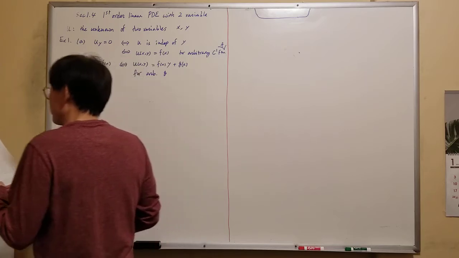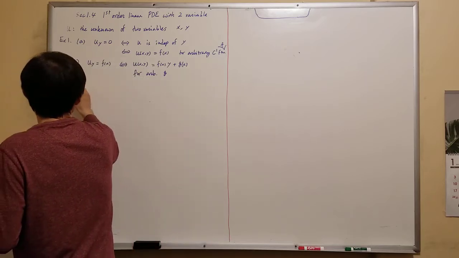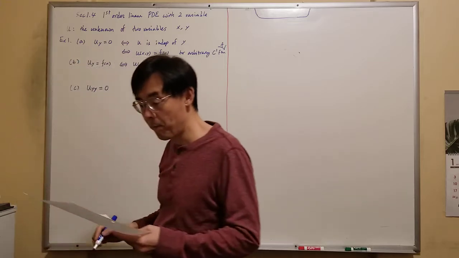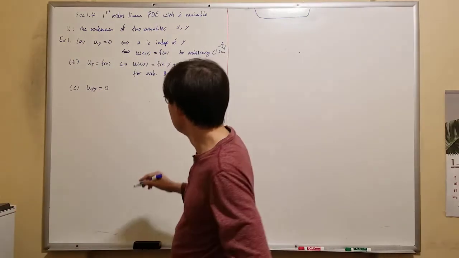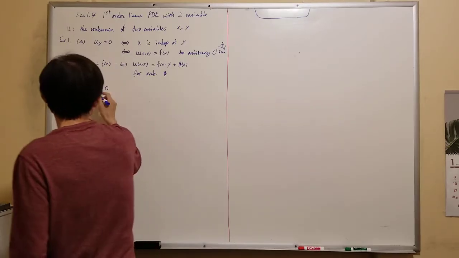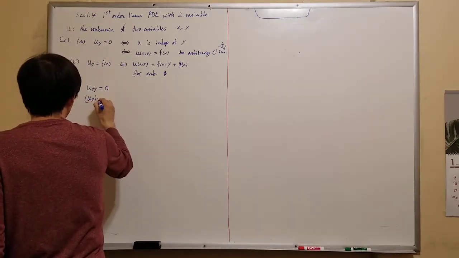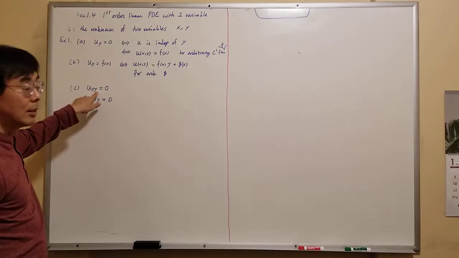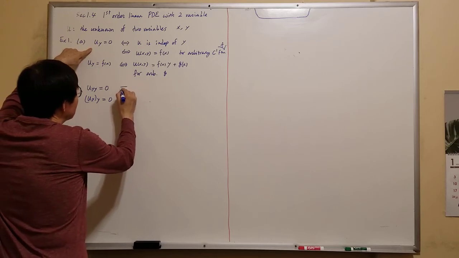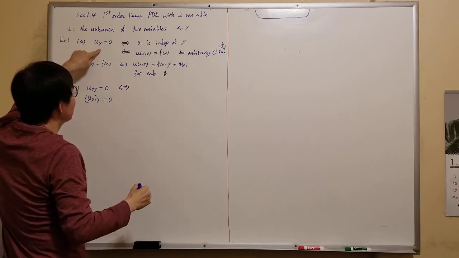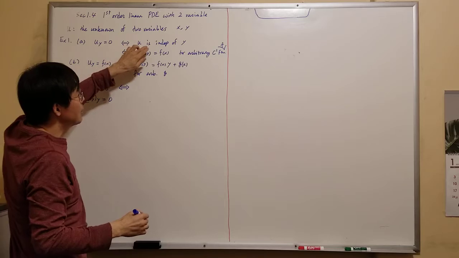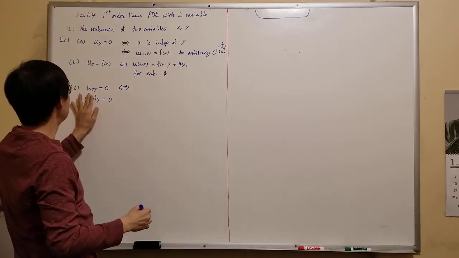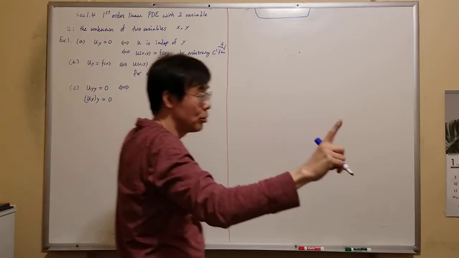Now, C. What if u sub y y equals 0? Now you have to realize that this is the y partial of u sub y equals 0. Then we saw that y partial of something equals 0 means that something is a function of x only. So that something is u sub y. Instead of u, we put u sub y.